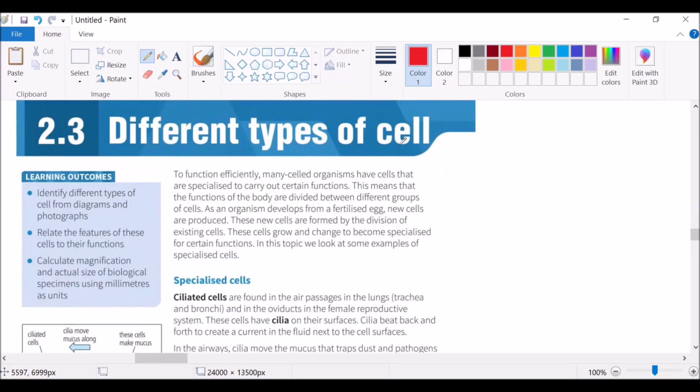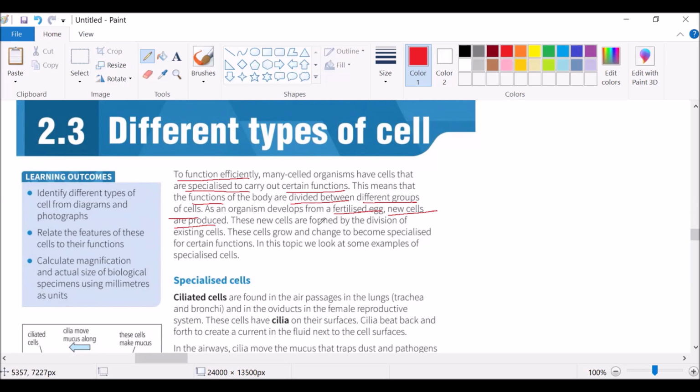Different types of cells. To function efficiently, many celled organisms have cells that are specialized to carry out certain functions. This means that the functions of the body are divided between different groups of cells. As an organism develops from a fertilized egg, new cells are produced.